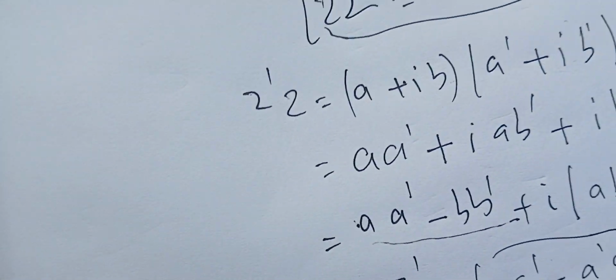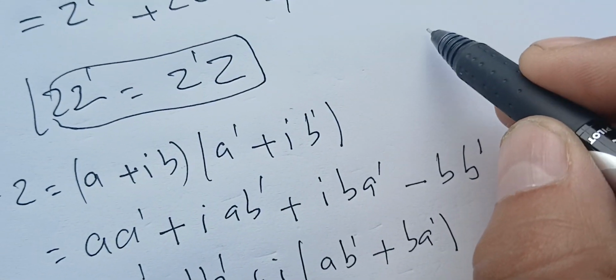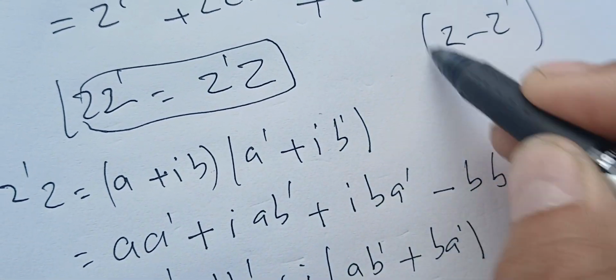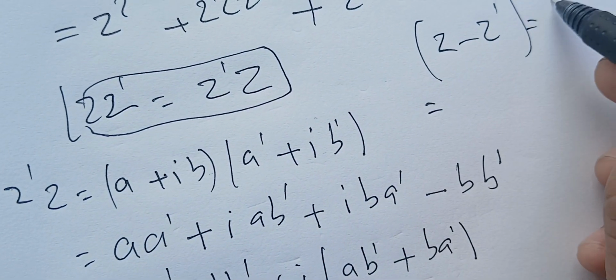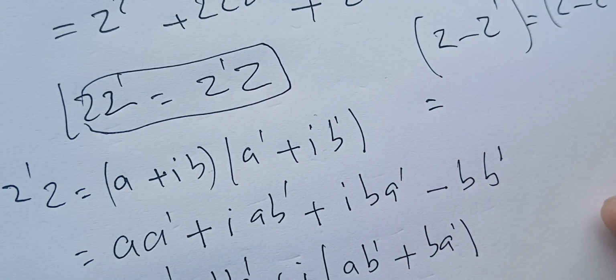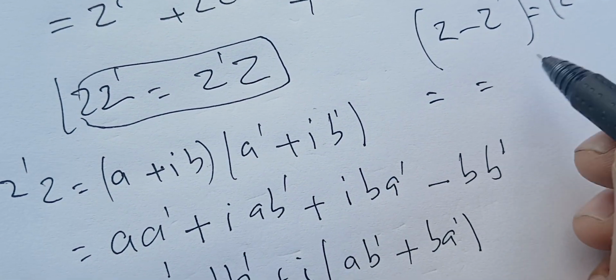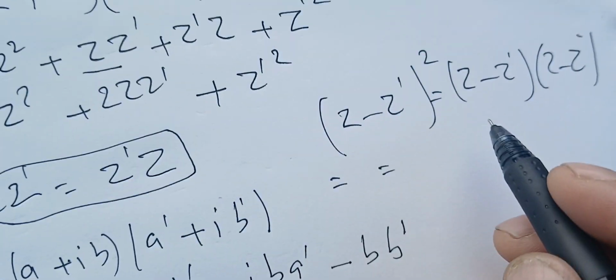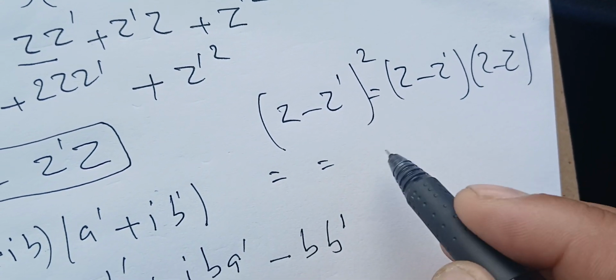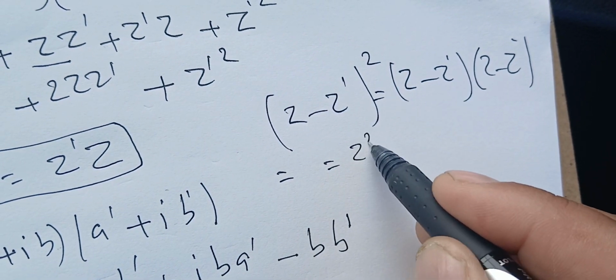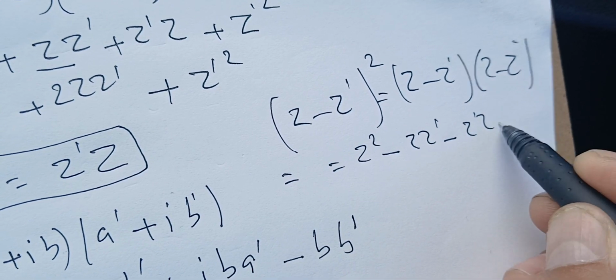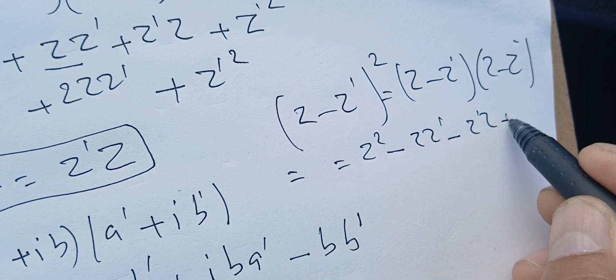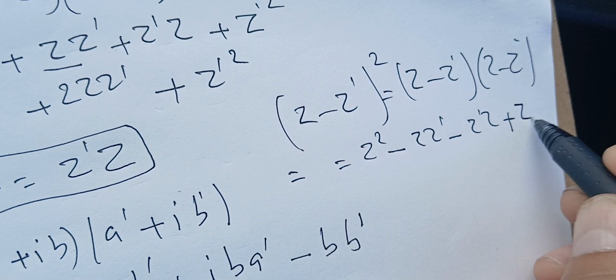The other thing that we want to compute is the difference. So let's say z minus z prime squared. We do the same thing. We put z minus z prime times z minus z prime, and we do the operation as usual. We get z times z is z squared, minus z z prime, minus z prime z, plus z prime squared.